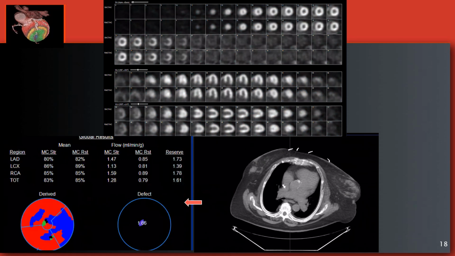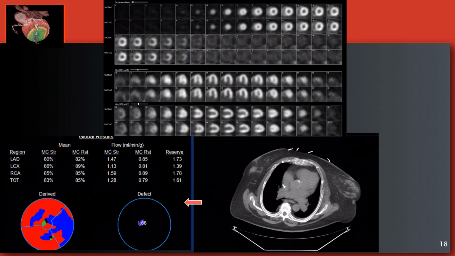This is another example. This has normal perfusion and then globally decreased reserve. The reserve numbers are down here on the bottom left. And you see that the total reserve is 1.6. And then if you look at the reserve numbers, it's 1.7 to 2 for the LAD and right coronary, which carries an intermediate risk, but the left circumflex is 1.3.